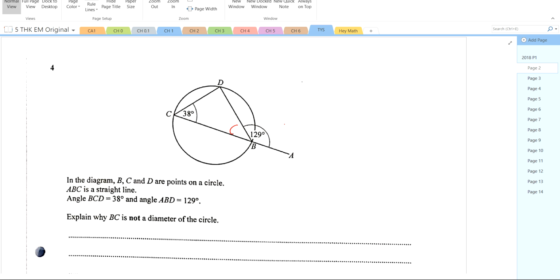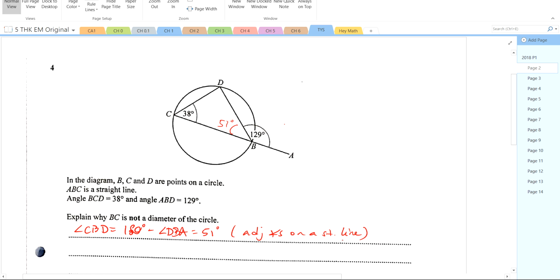Okay, so no, 51 degrees. Angle CBD equals 180 degrees minus our angle DBA to give us 51 degrees. And we say that this is adjacent angles on a straight line.